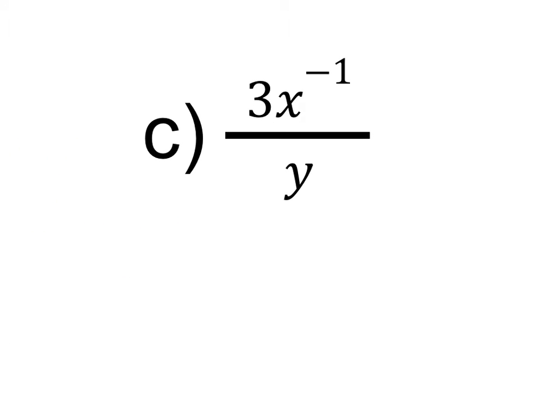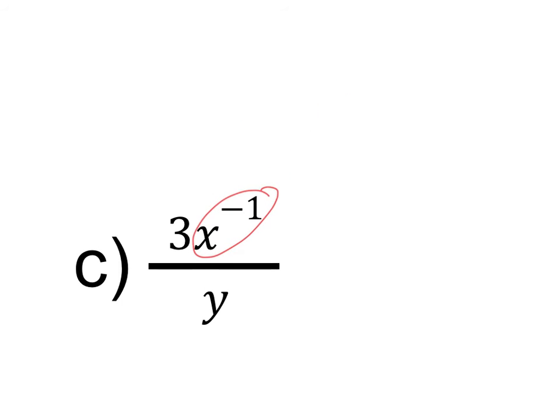Okay, now here we go. We got a different one. How many things have a negative exponent? Just one. So how many things are we flipping? One. What are we flipping? The only thing with a negative exponent is this x, because remember you could write it as 3 times x to the negative 1. So don't flip the 3, only the x.